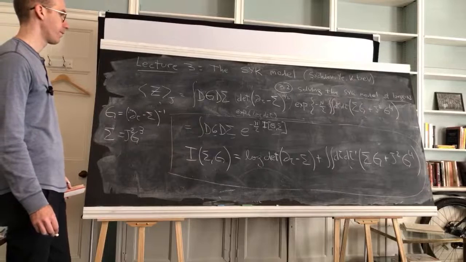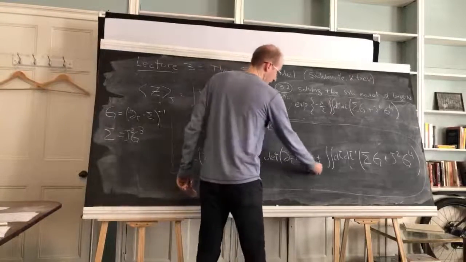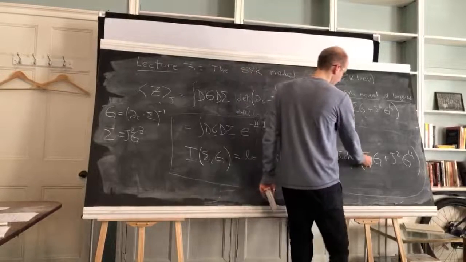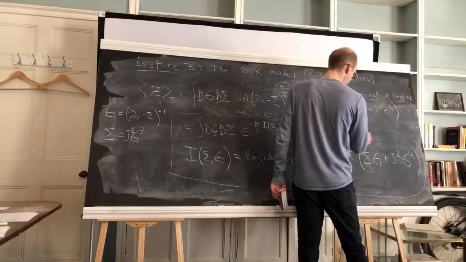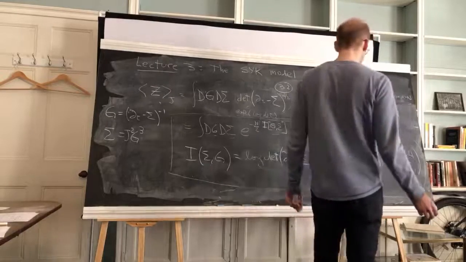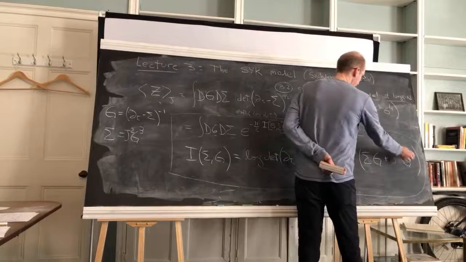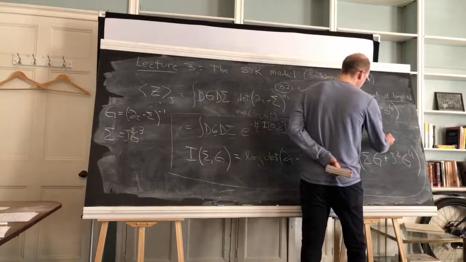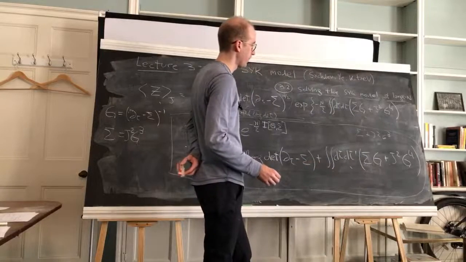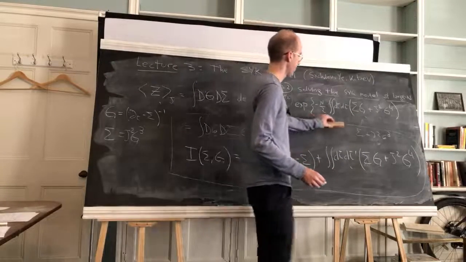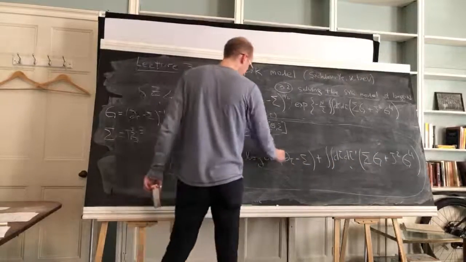The g part is easy because this term does not depend on g. So when you vary g, you just get sigma from here. Well, there's some minus that I'm missing somewhere, but never mind. And when you vary from here, you get plus j squared g cubed. And the sigma one, you need to work out a little bit more because you have this log determinant.